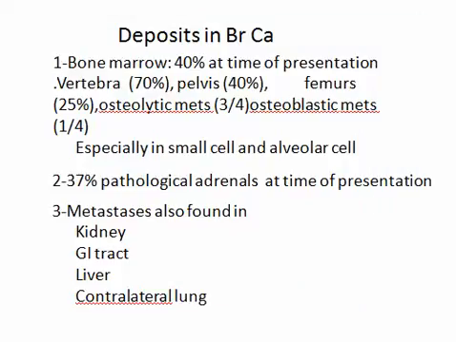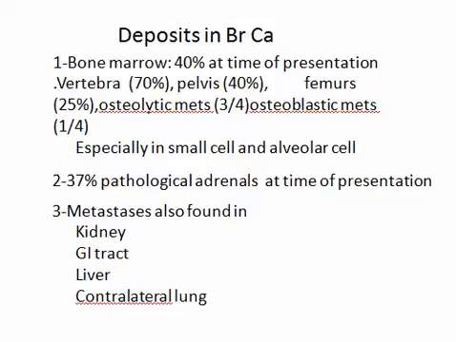Deposits in bronchogenic carcinoma can occur in the bone marrow in 40% at time of presentation, vertebrae 70%, pelvis in 40%, femora in 25%. Mostly they are osteolytic in 75%, 3/4, while osteoblastic in 1/4.